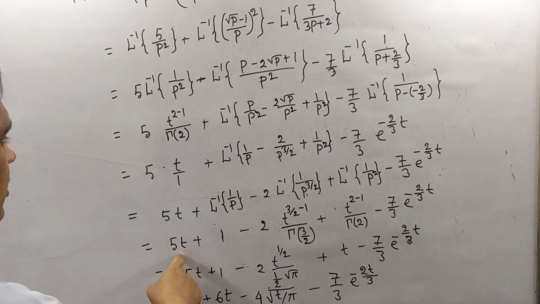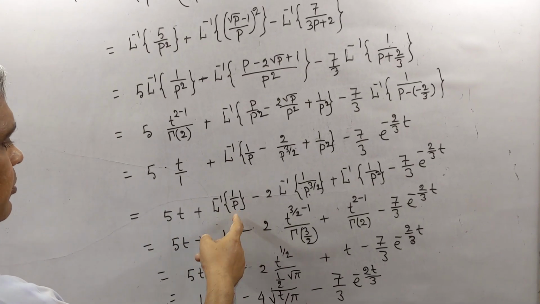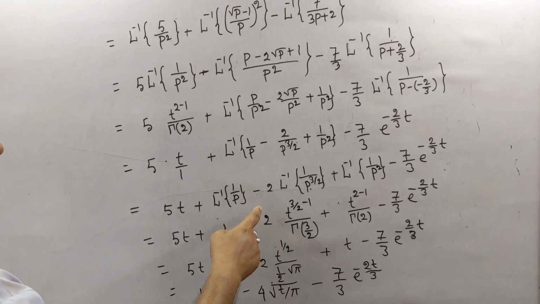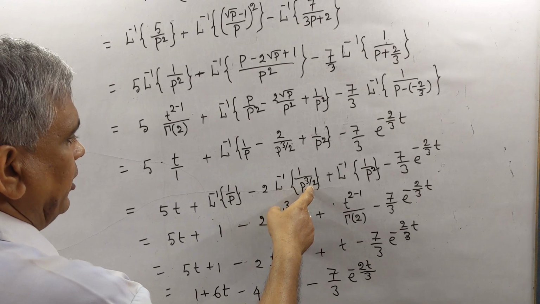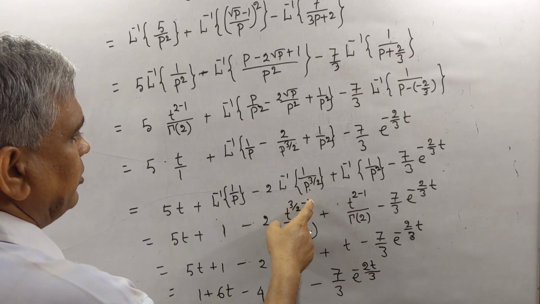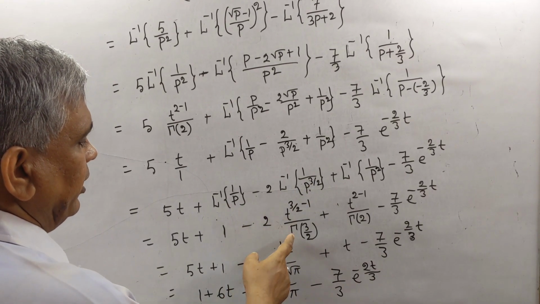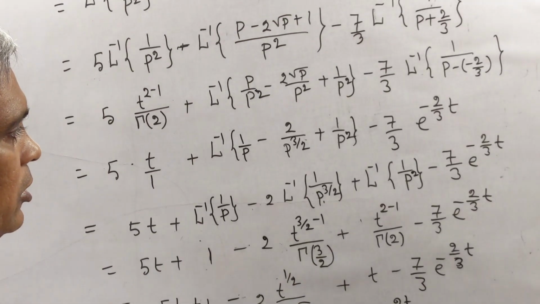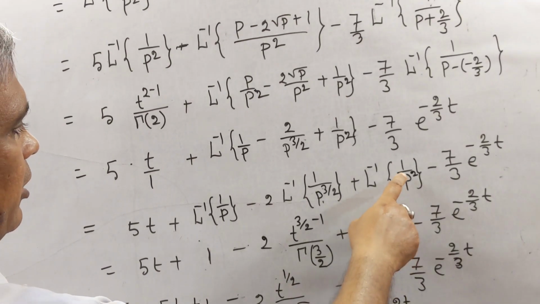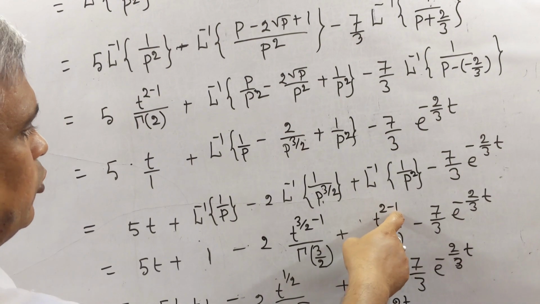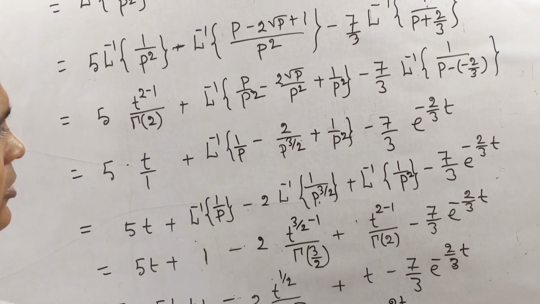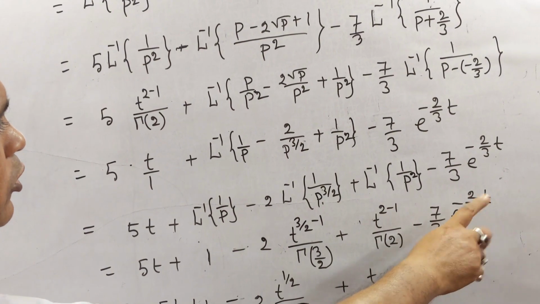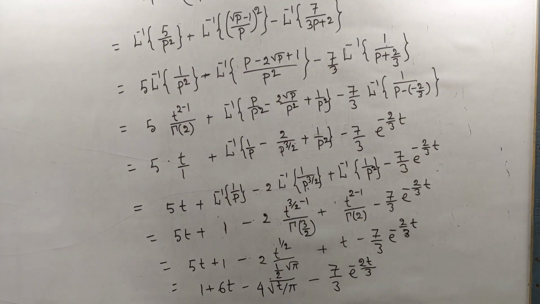Here 5t, L inverse 1 by p is 1, minus 2 L inverse 1 by p to the power n is t to the power n minus 1 by gamma n, with n equal to 3 by 2, gamma function 3 by 2. Here t to the power 2 minus 1 by gamma function 2, minus 7 by 3 e to the power minus 2 by 3t.